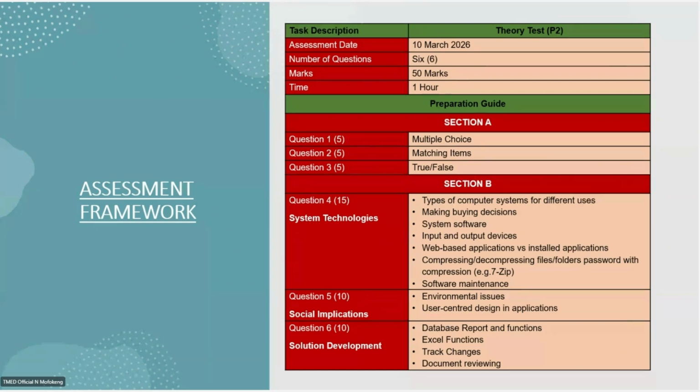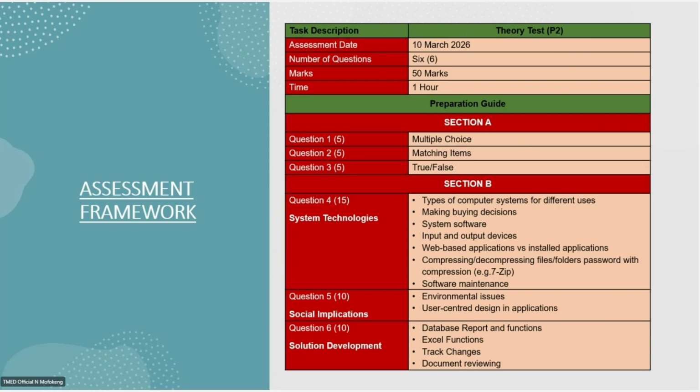So ensure that you thoroughly prepare yourself on that one. Right, so that is our question 4 of system technologies. Now, this system technologies comprises your general concepts, your hardware, as well as your software. All right, moving on to question 5.